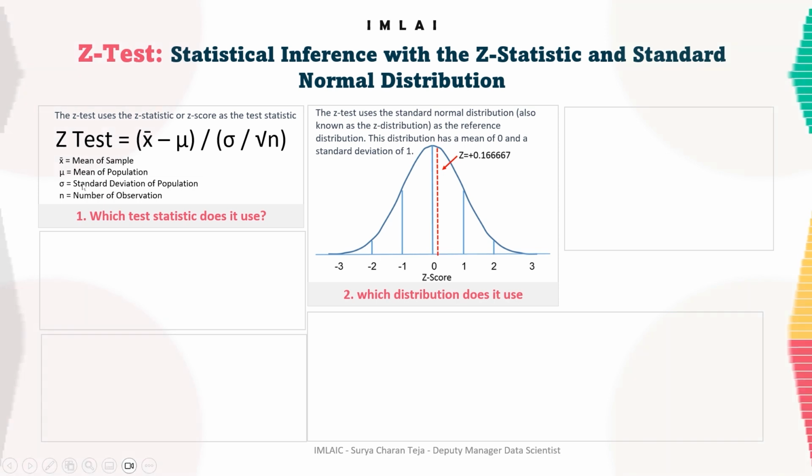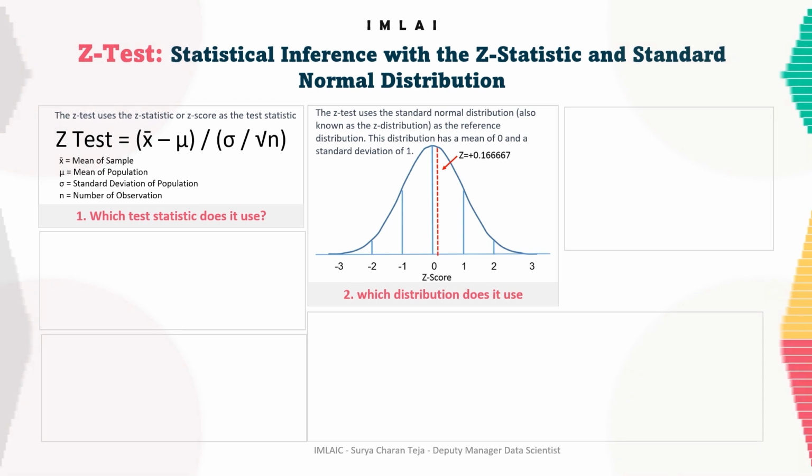Whatever z statistic you get, you will mark it on your z distribution, and from that you will know the probability of that happening. With that probability you can compare with the significance level, and then we can decide whether to go with that feature or not.